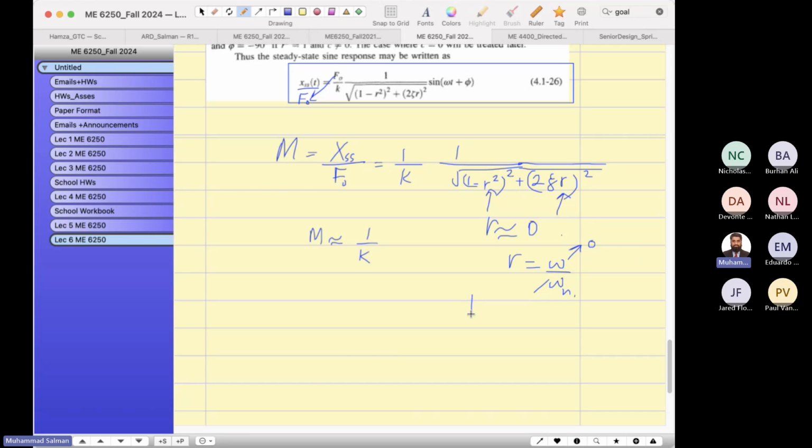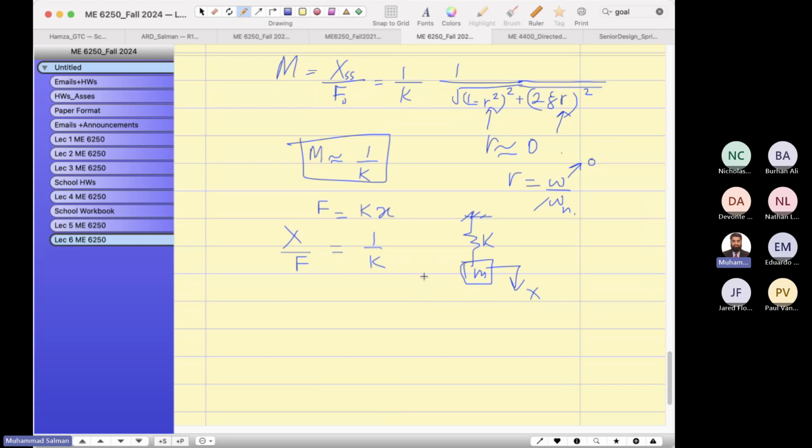If you have a spring and a mass, what do you know about the displacement? F equals k times x, so output over input is 1 over k. So it is similar to this one. At low frequency, it will behave like a static spring. That's why we usually call this the static displacement when the spring is attached at low frequency.